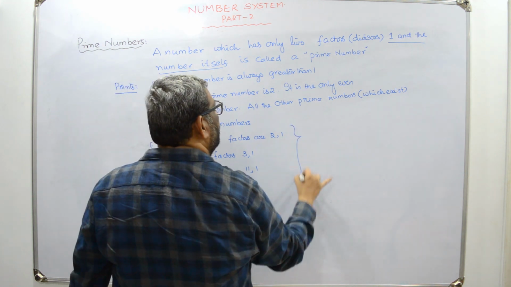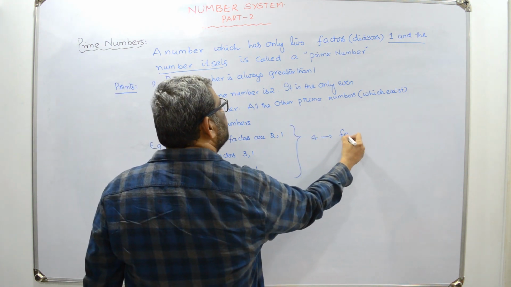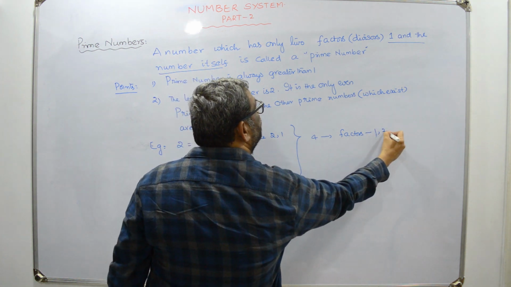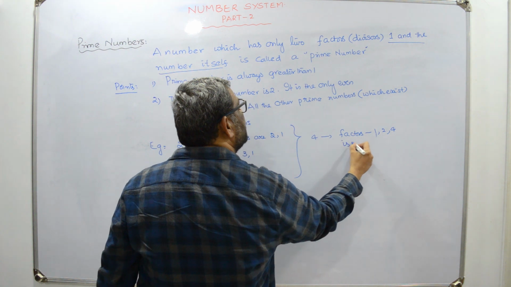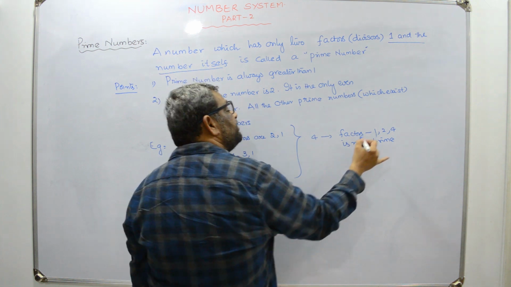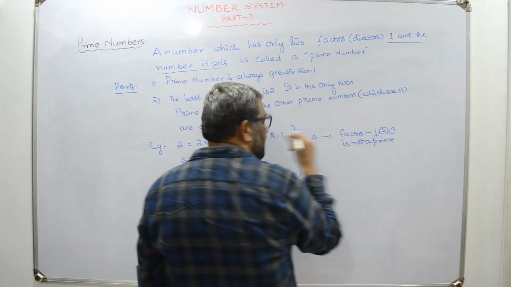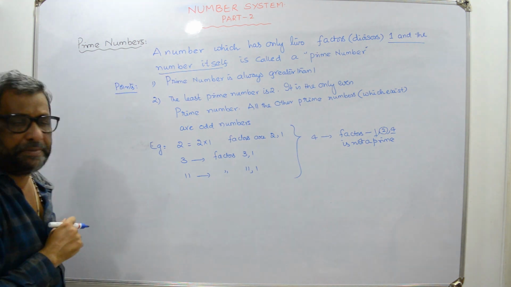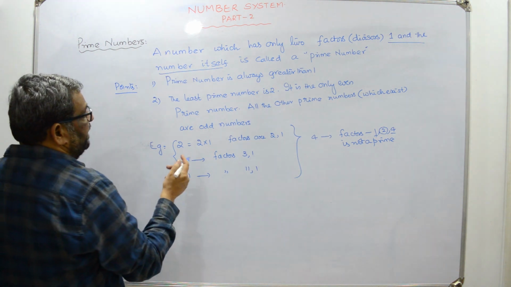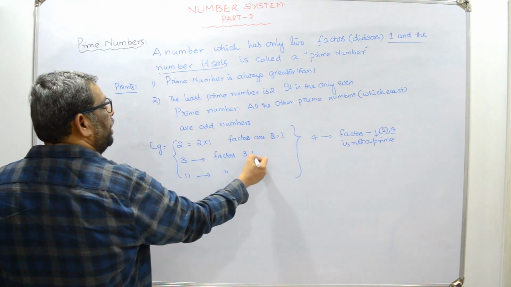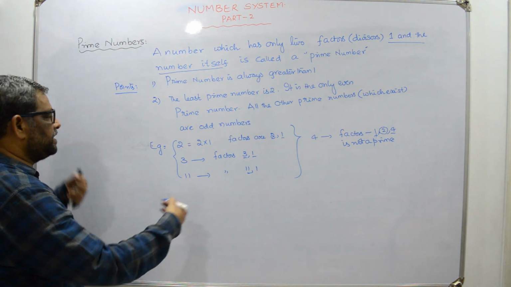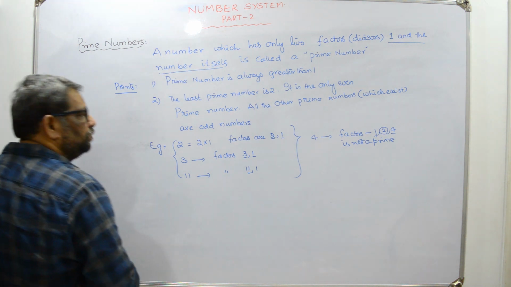If you take 4, the factors are 1, 2, 4. So it is not a prime, because other than 1 and the number, there exists one more number as a factor. But in all these cases, these numbers have only two factors, 1 and the number. We can also write a few prime numbers up to 50.